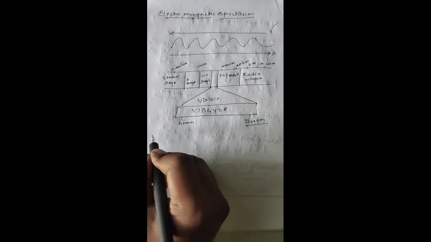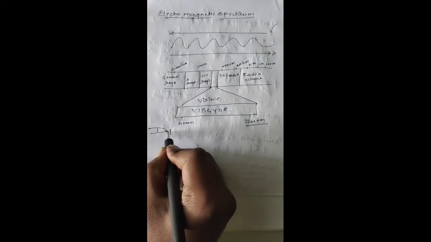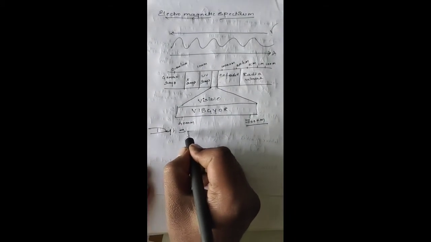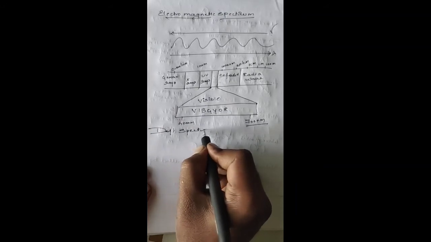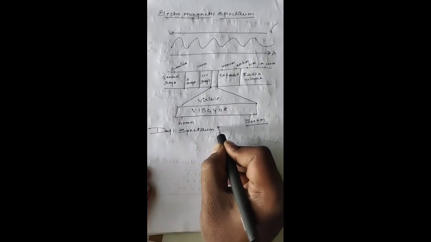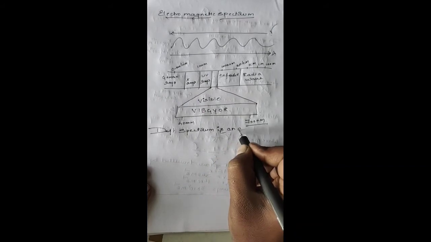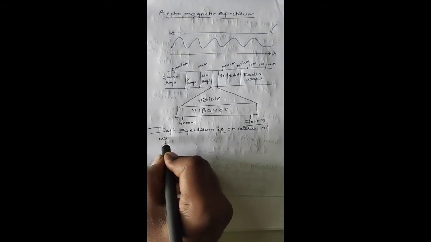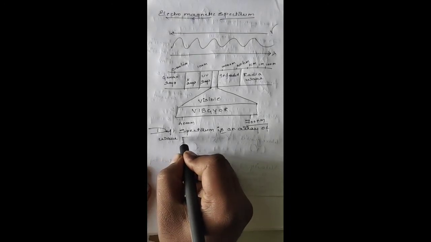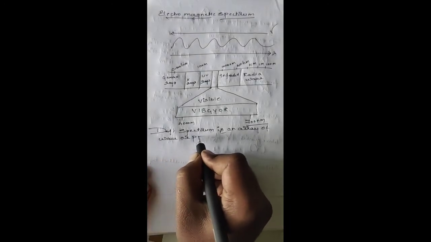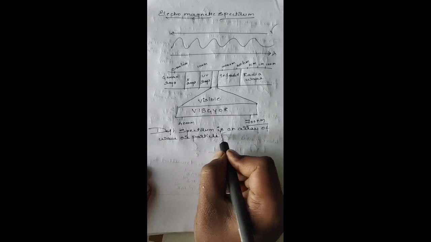I am going to write the definition. Spectrum is an array of waves or particles.